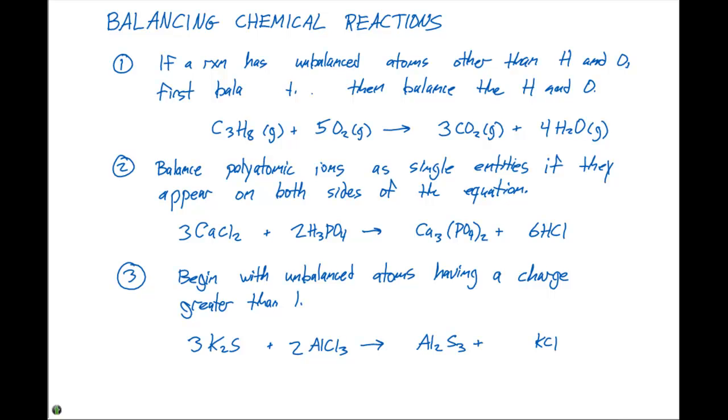The KCl, we now have 3 times 2 or 6 potassiums and 2 times 3 or 6 chlorines. So we need to put a 6 in front of the KCl. So that will allow us to double check to make sure that we have the right number of atoms on each side of this particular equation.